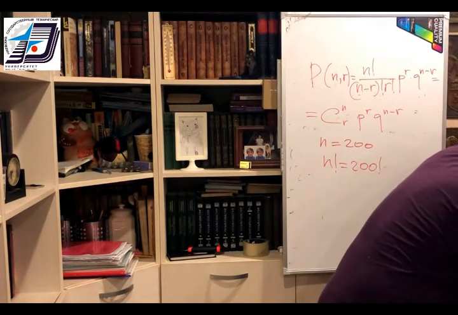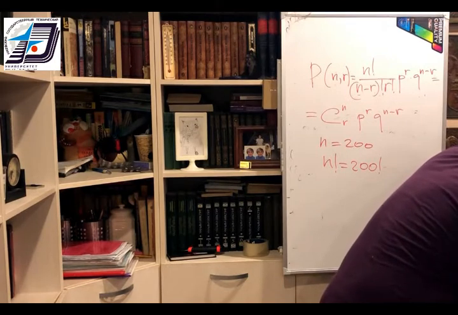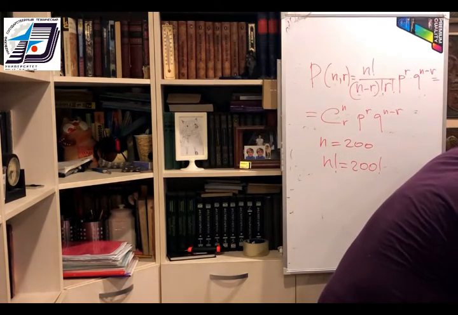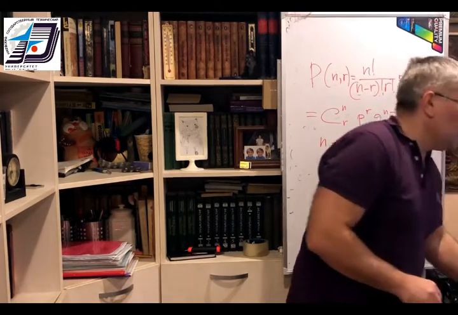Hey, cat. Hi, how are you doing, cat? I want to calculate, for example, 200 factorial here. And it gives me an error.